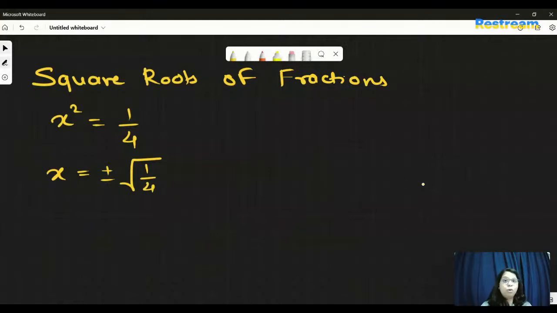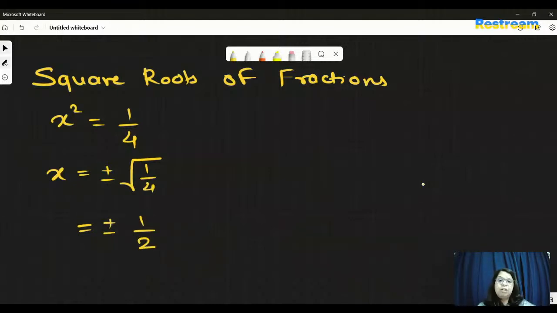Why? Because we don't know when the original number was squared, whether the number was negative or positive. We only know the square. So there are two possible values of x. Either it is plus or it is minus. So in this case, it is plus minus 1 by 2.